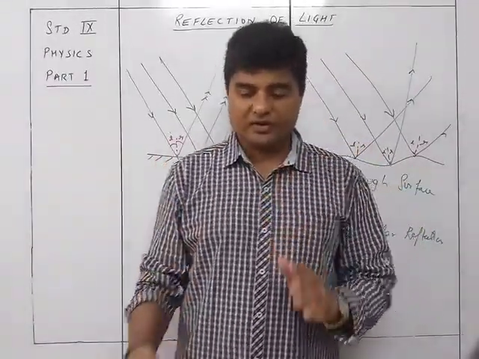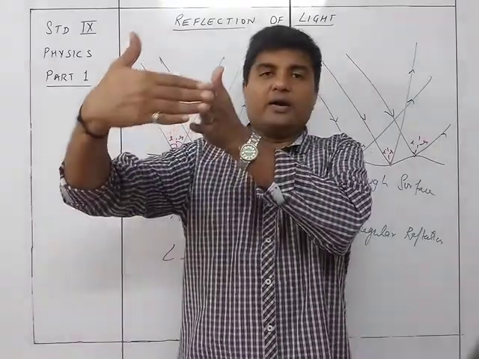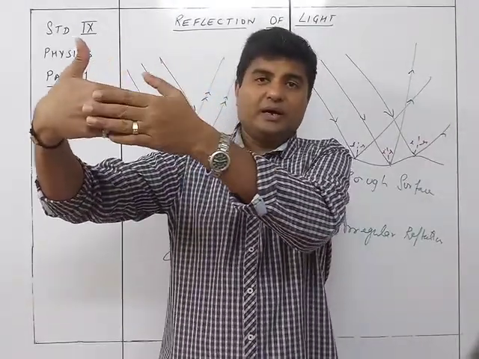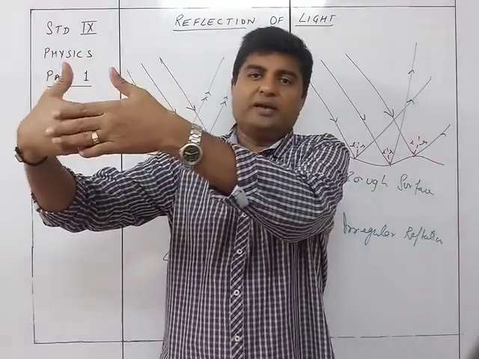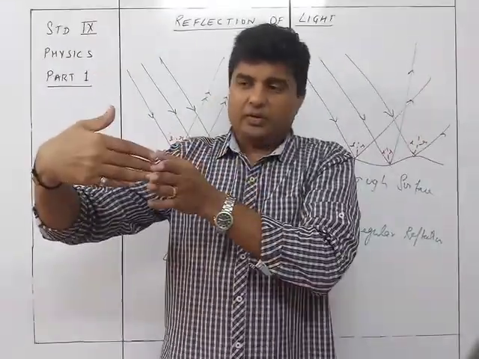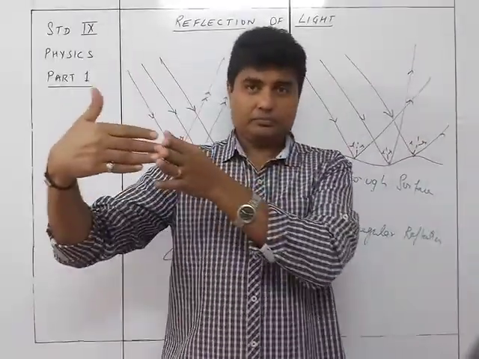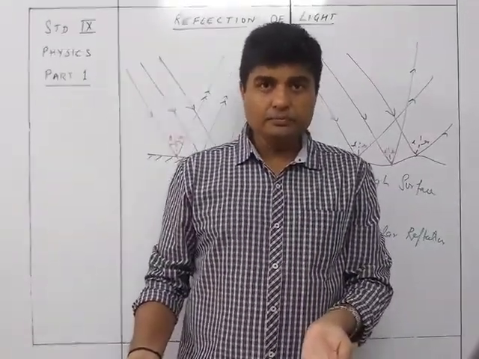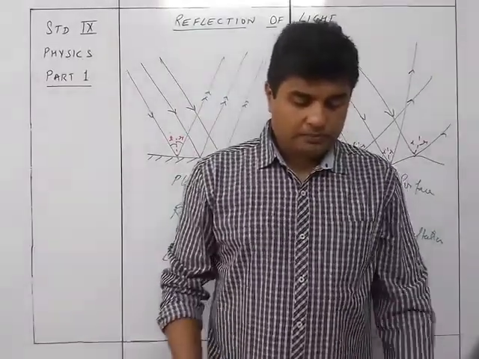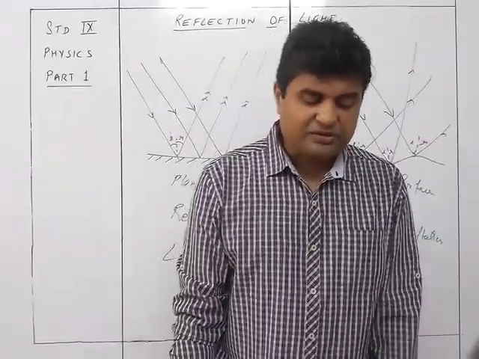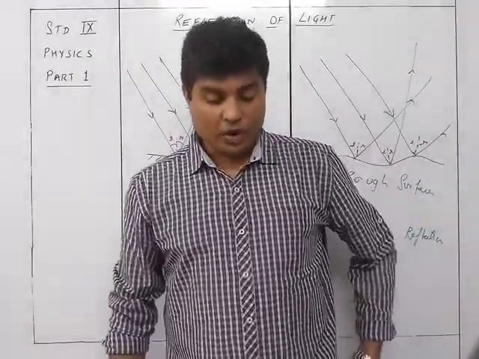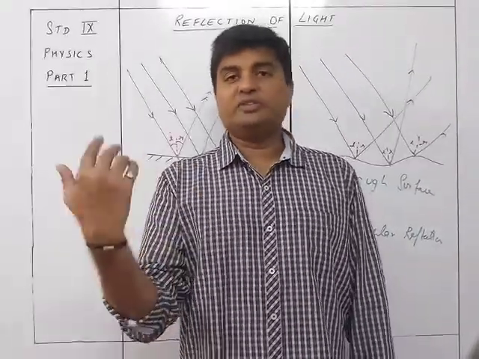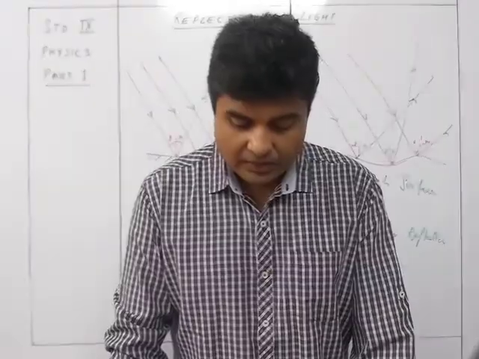If I have one mirror like this and one mirror like this, can I see this mirror? No, I will not be able to see it, because this mirror is reflecting light only in this direction. It will not be reflecting to me. So if it is a smooth surface, I cannot see it. That's why it is the diffuse light obtained from reflection from various uneven surfaces which enables us to see the objects around us.